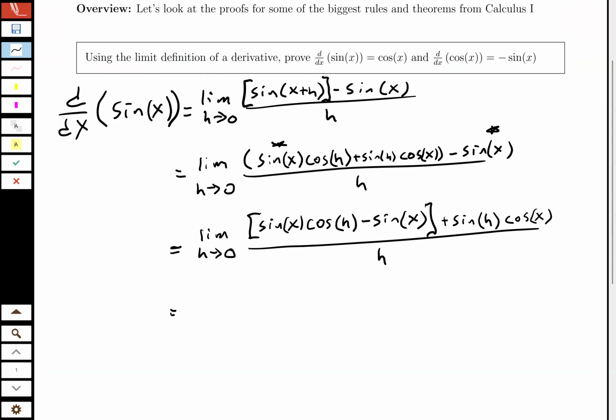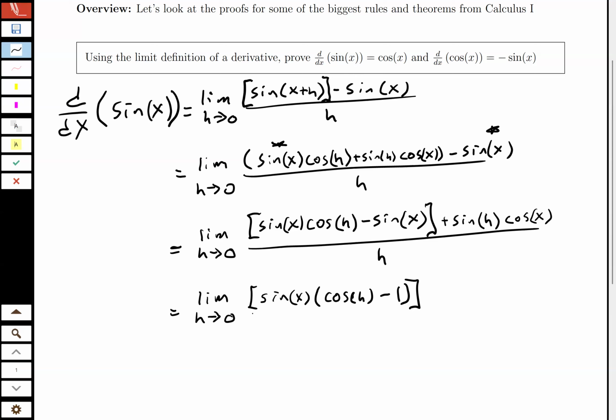This leaves me with the limit as h goes to 0. Looks like both of those things have sine of x, so I'm going to factor out a sine of x. And then if I do that, I have cosine of h for that first piece, and I've got just a -1 for that second one, -1 times sine, giving me the negative sign.